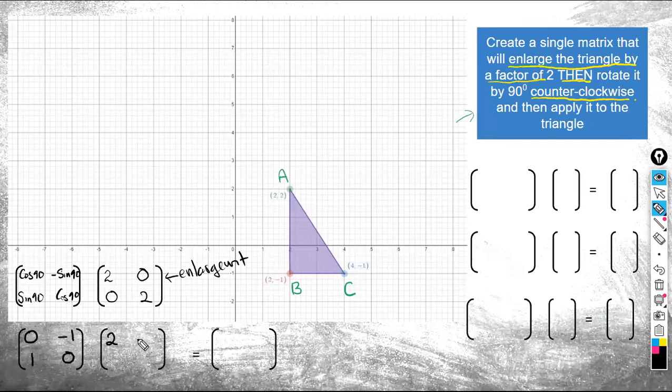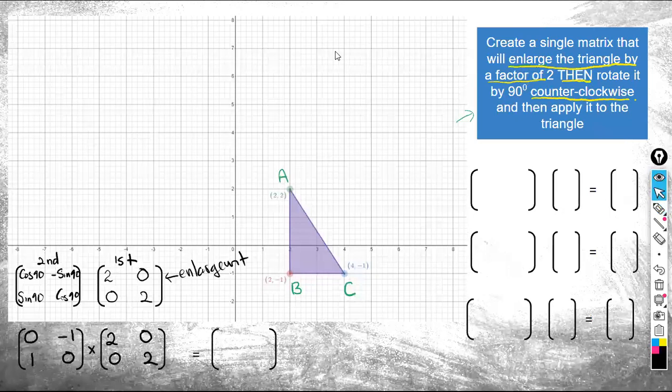And remember, we multiply it by 2002. When you multiply these two things, right? Remember, this is the one that they're asking you to do second, and this is the one they're asking you to do first, according to the sentence here. Multiply those two matrices, you will get one matrix. That one matrix will perform both transformations, but in one shot.